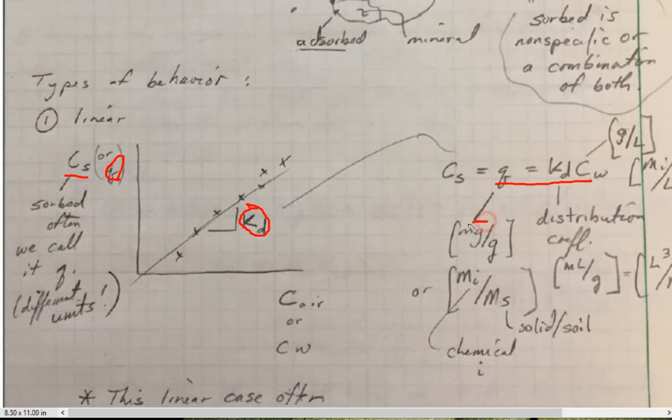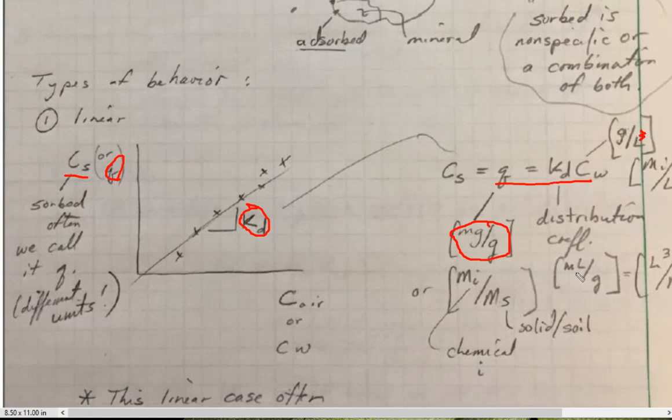The sorbed concentration, remember, is mass of chemical per mass of solid. So this would be like milligrams of trichloroethene per gram of sand. Concentration is what it usually is. It's the mass of a chemical per volume of water. So it should be actually length cubed here, sorry. So gram per liter there.